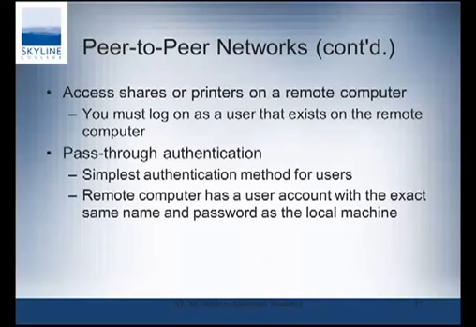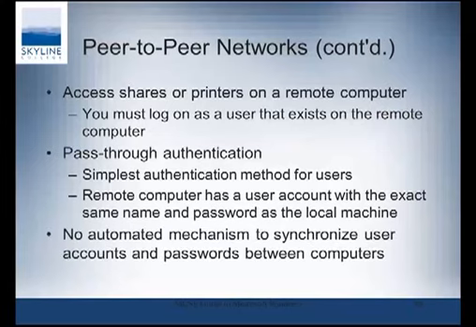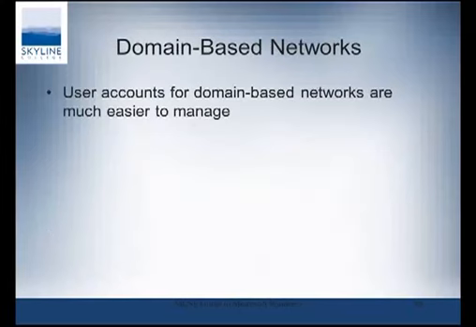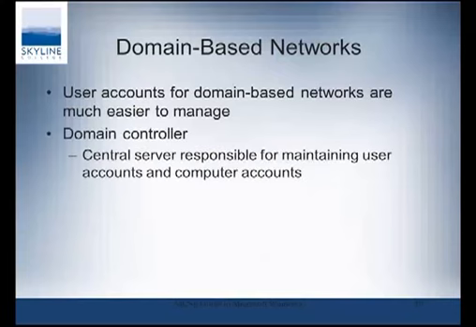The simplest authentication: the remote computer has a user account with the exact same name and password. You get pass-through authentication. It sees that as the same user, but they do have to do that. That's something that probably would be useful at home, although HomeGroup has become very handy in order to be able to share resources there.